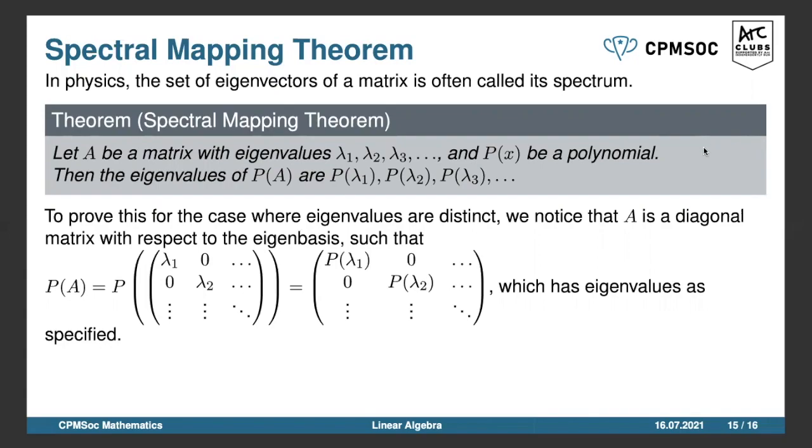And so the spectral mapping theorem is related to what happens when you evaluate a polynomial on a matrix. So obviously, if you have a square matrix, you can take A squared, A cubed, because you can take higher powers of square matrices. And this means that you could take a polynomial of a matrix.